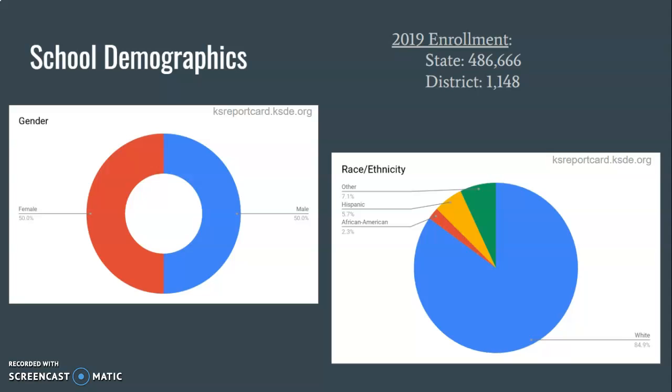Race and ethnicity: we are mainly, again, a white school with 84.9%. All other mix 7.1, Hispanic 5.7, and African American 2.3. All this information is from the Kansas KSDE.org.